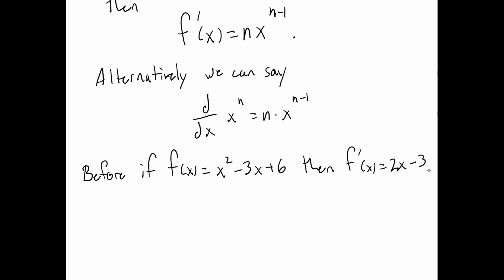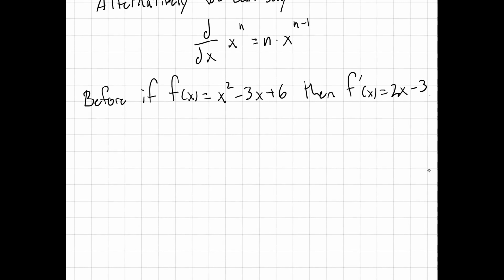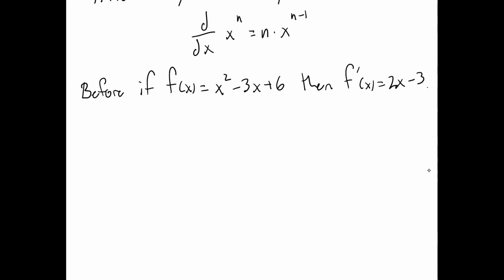And this is using that, but it's also using another rule that's really important. We talked about this with limits. This was a limit rule that we had, but we want to talk about it with derivatives because it's very important with derivatives as well.